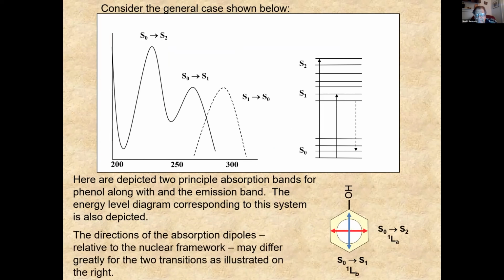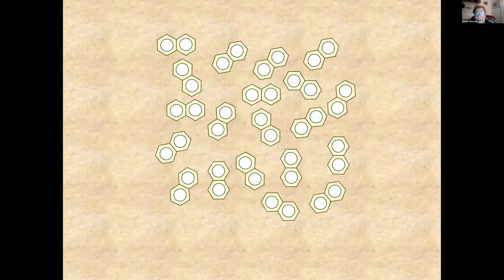But actually, these absorption bands correspond to different transition moments that are oriented differently on the framework of the molecule, okay? And we can see that if we excite into the S0 to S2, that's at a large angle relative to the emission band, which is going to be oriented like the S0 to S1, okay?